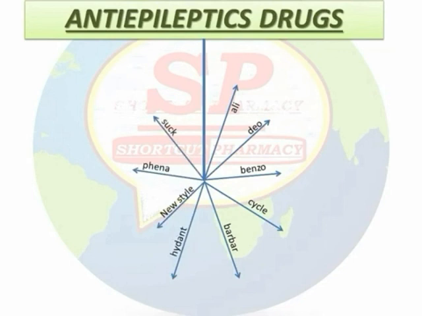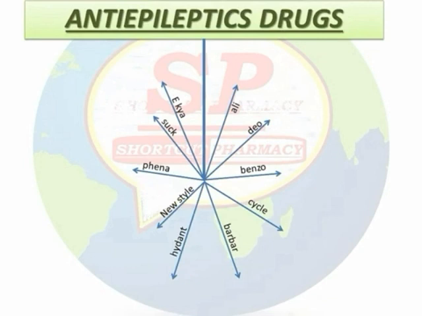The next one is trigeminal neuralgia, and the first drug of choice is carbamazepine. The next one is akinetic seizures, and the first drug of choice is sodium valproate.